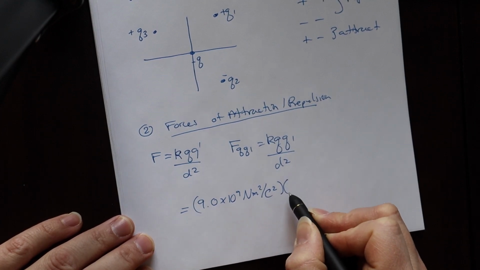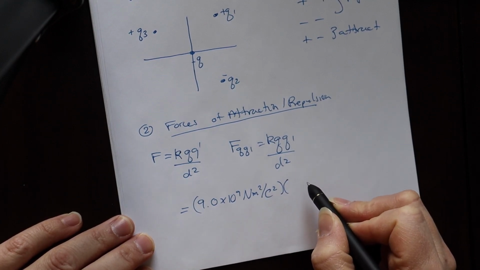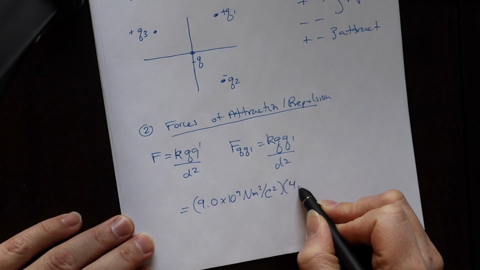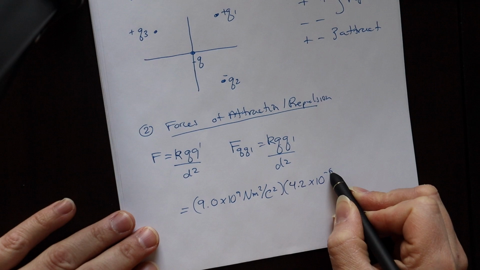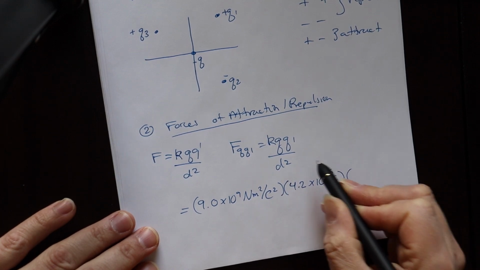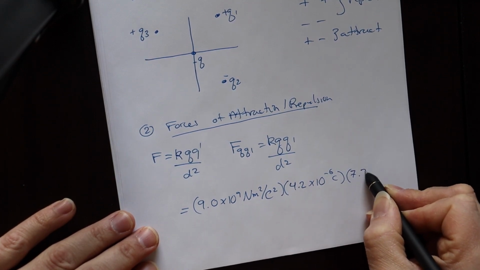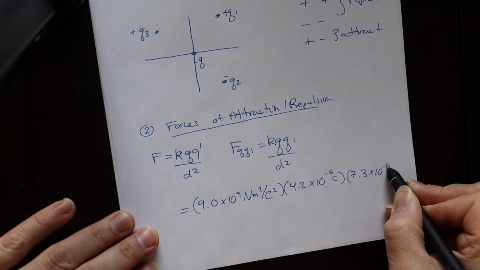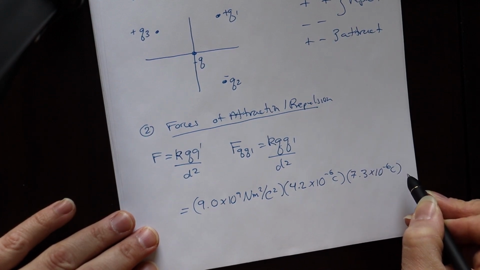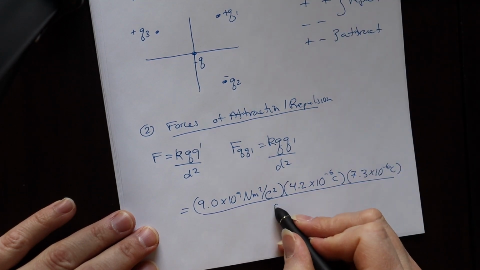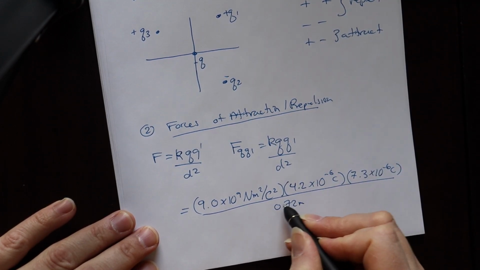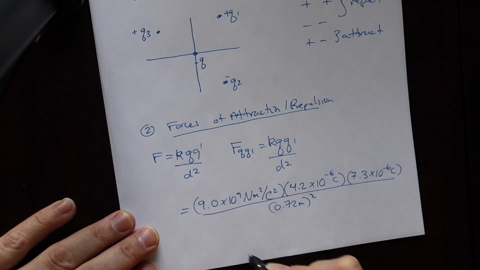That's the constant found on your formula sheet. Multiplied by the charge Q, which is 4.2. I'm not going to worry about the negative sign. 4.2 times 10 to the negative 6 coulombs. And Q1, 7.3 times 10 to the negative 6 coulombs. Divided by the distance between them, Q and Q1 are 0.72 meters apart, squared.